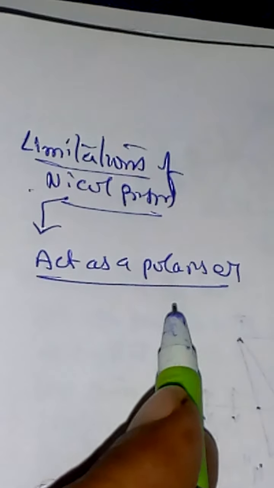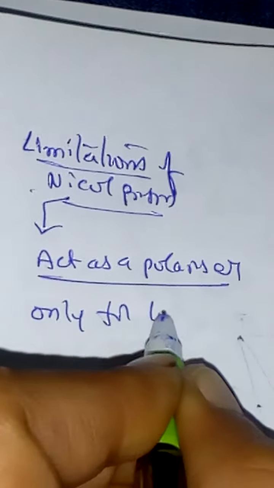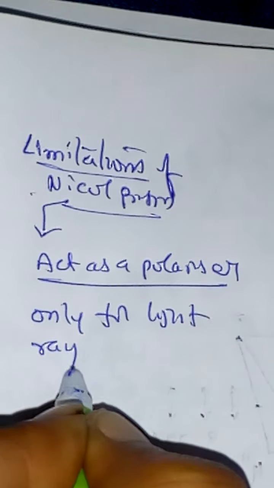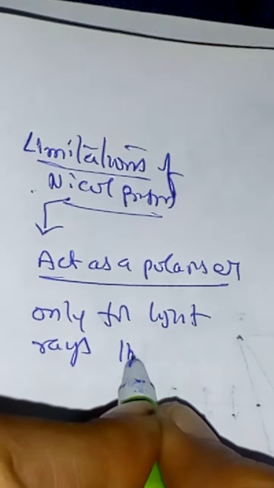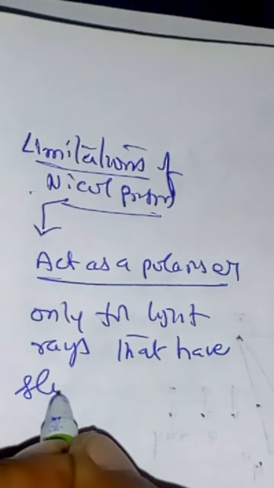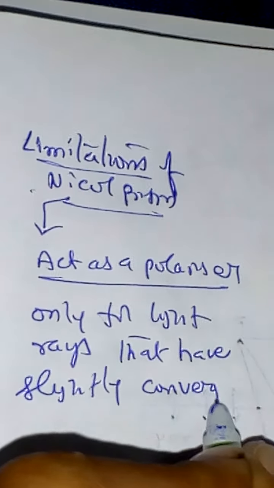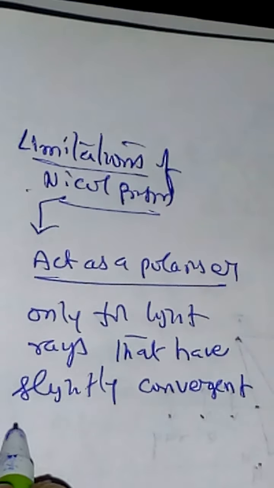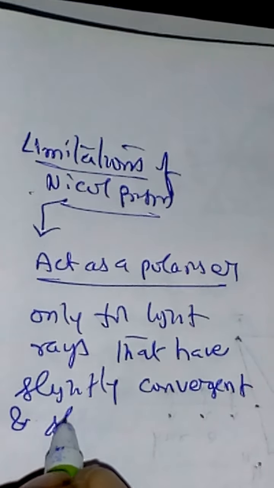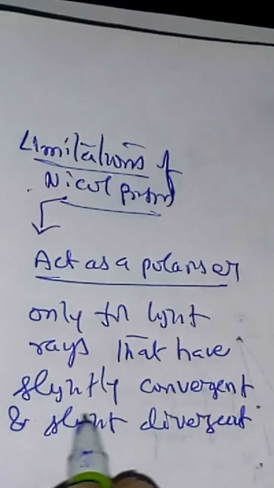It can act as a polarizer only for those light rays that are slightly convergent and slightly divergent beams.